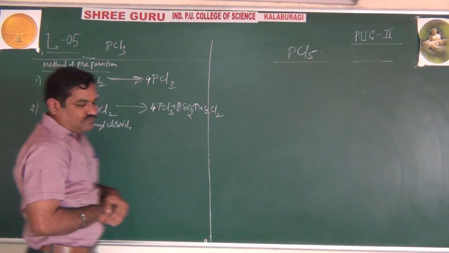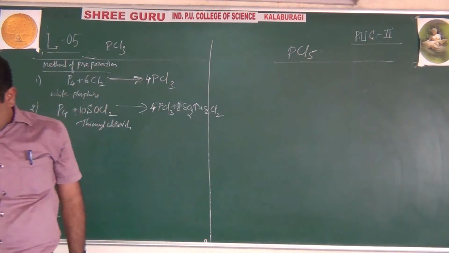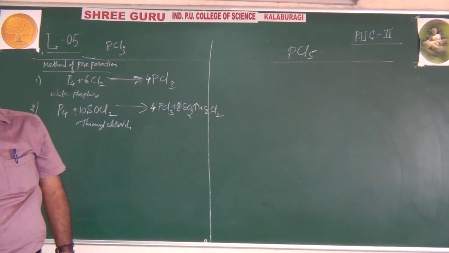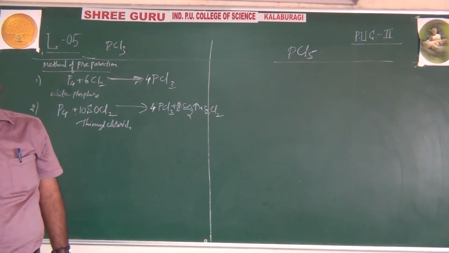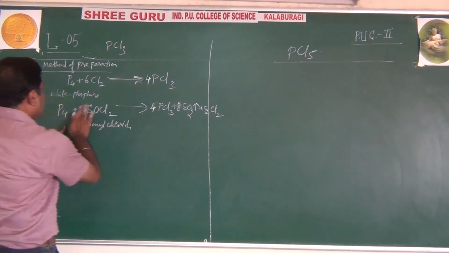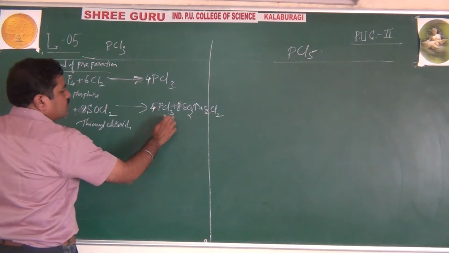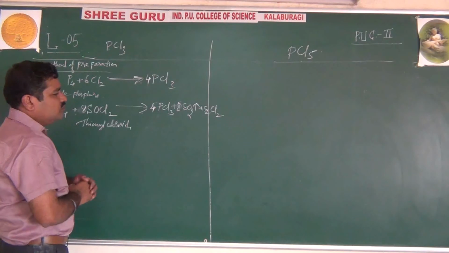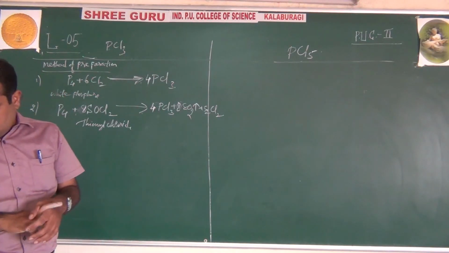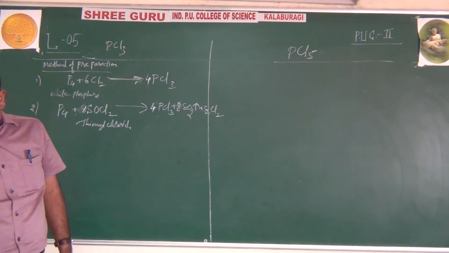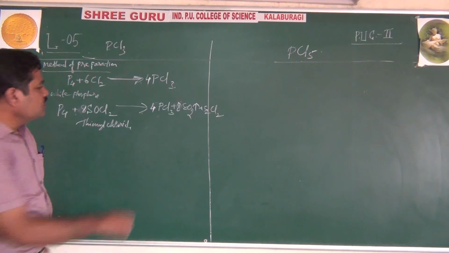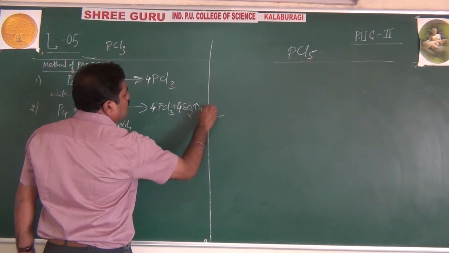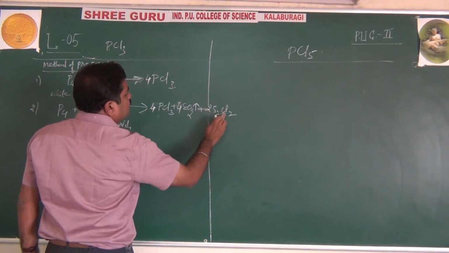To make the chlorine balance, you have to adjust it. So 8 SOCl2, 4 PCl3, 8 SO2 and 2S2Cl2.